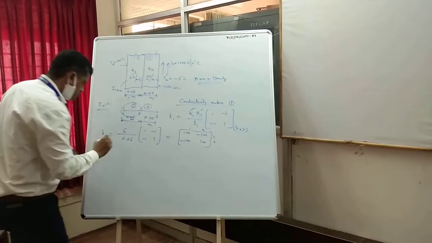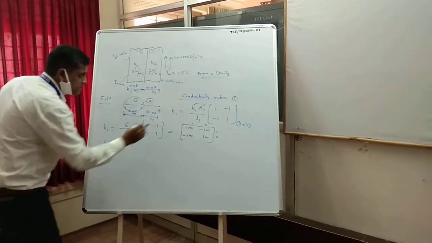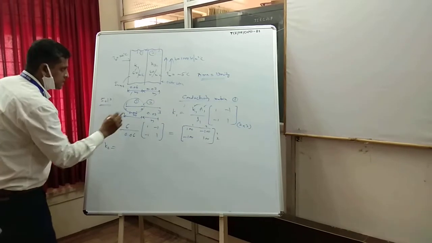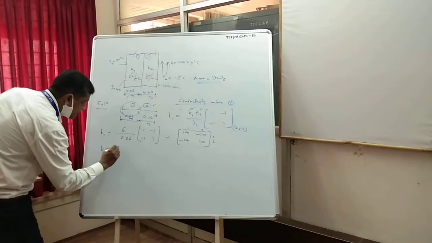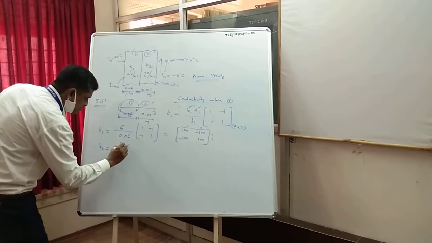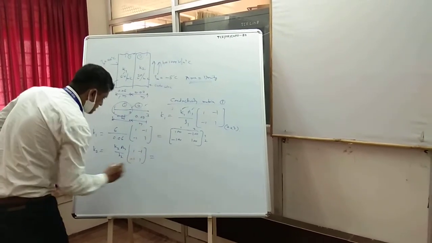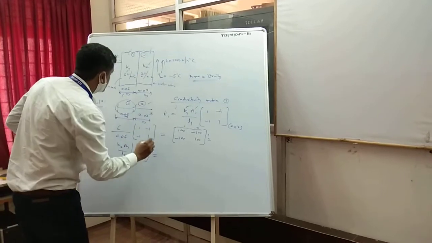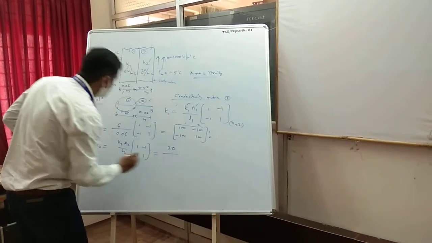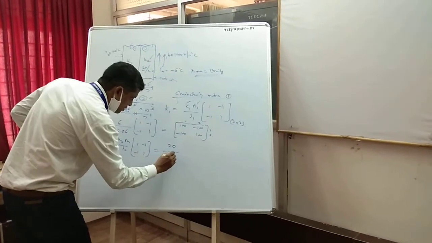because this element 1 consisting of two nodes numbered with initial node 1, final node 2. Now next, by using the same formula, you find the conductivity matrix for element 2, K2 A2 by L2, [1 -1; -1 1]. And what is the thermal conductivity value for element 2, that is 20, and thickness is 0.02.